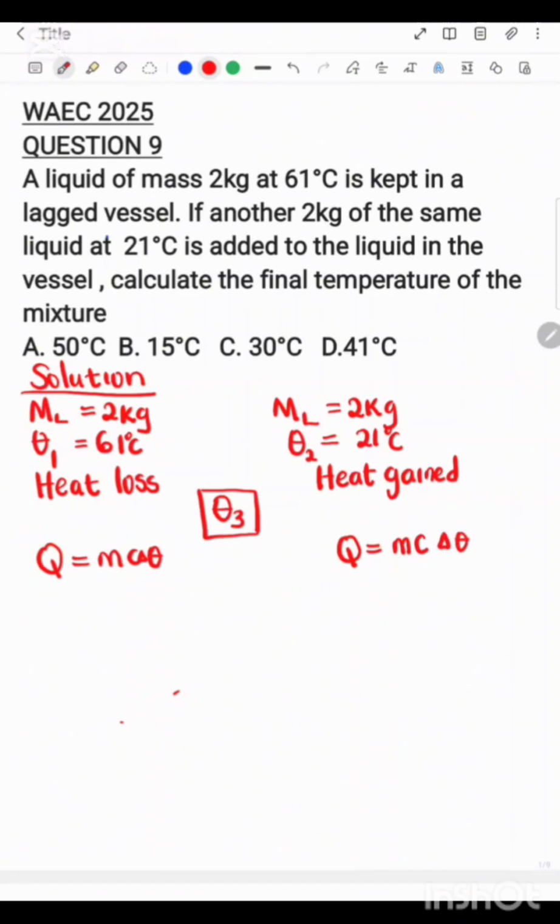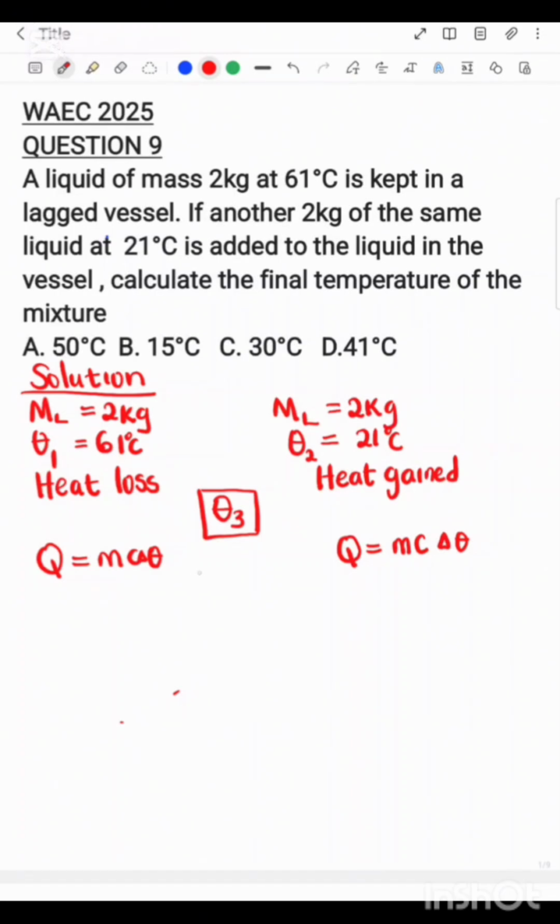But if we look at the assumption that is given anytime we calculate heat, especially if the substance is lagged, we are meant to understand that heat loss is equal to heat gain. That's the concept when you calculate any equation on heat. The heat lost by the first medium must be equal to the heat gained by the second medium.